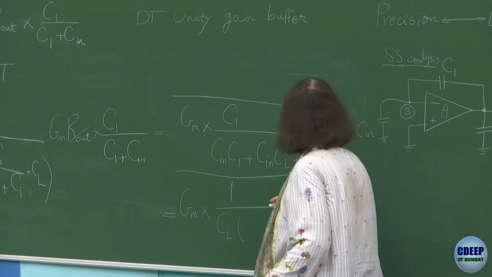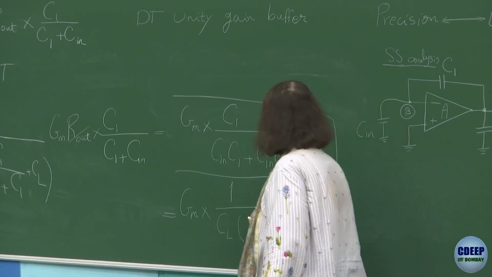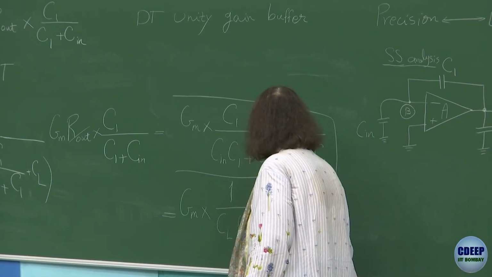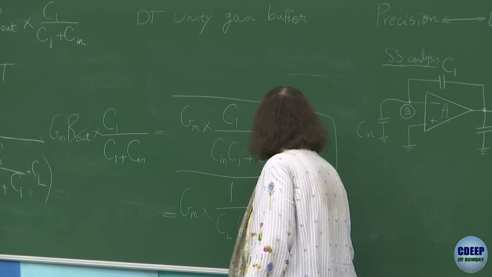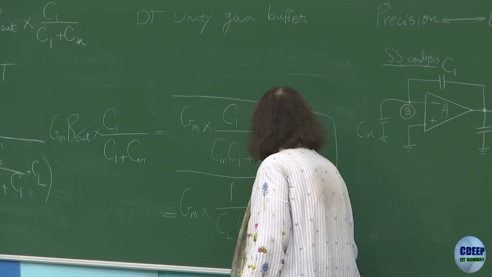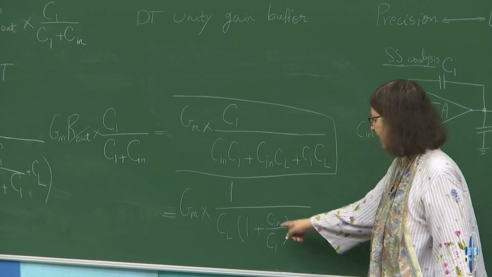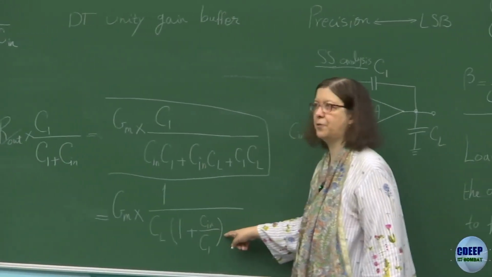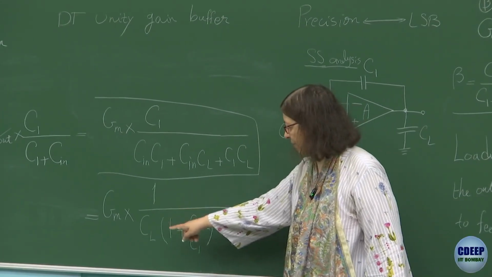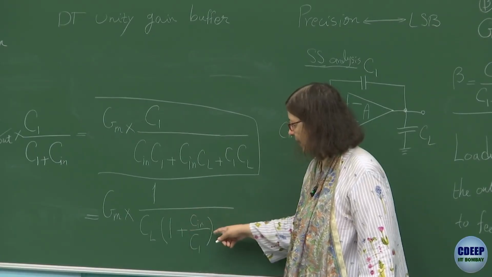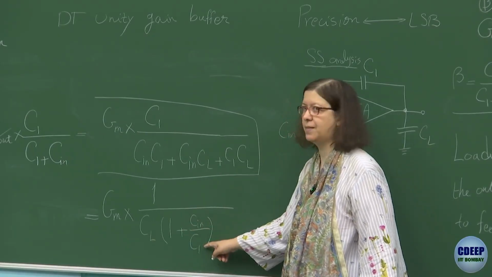I cannot make it 0. So divided by C1, it will give me Cin upon C1. That means Cl is multiplied by this factor. That means the effect of Cl eventually gets enhanced by the ratio of Cin by C1.